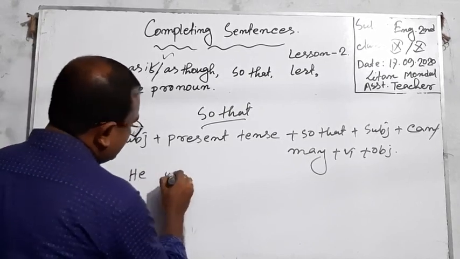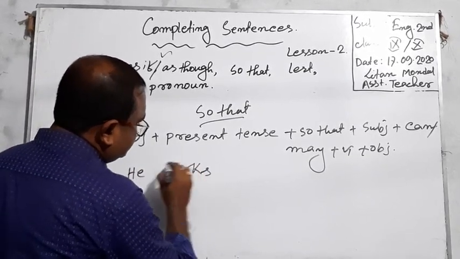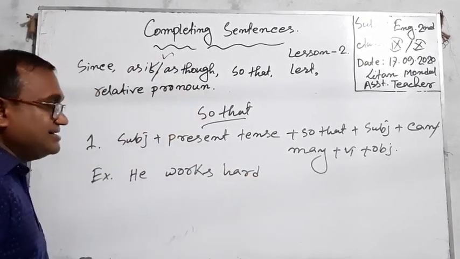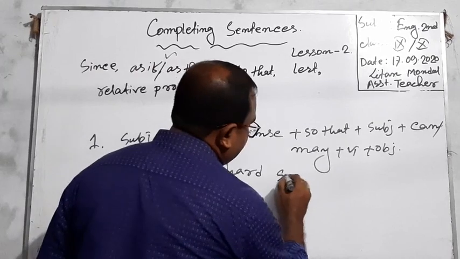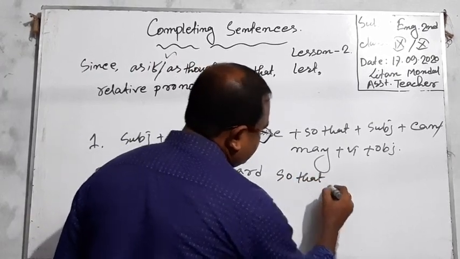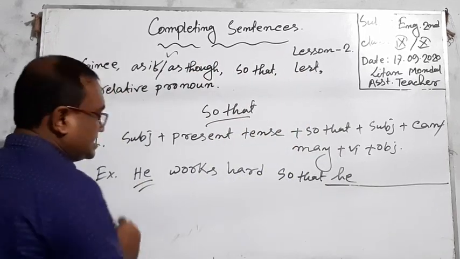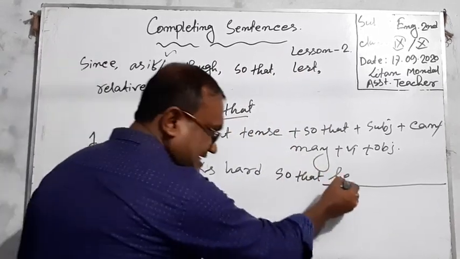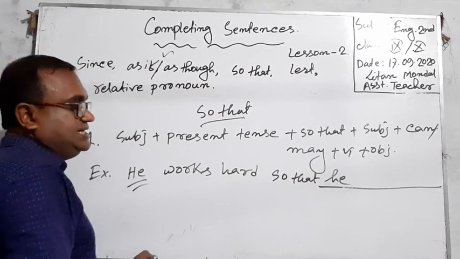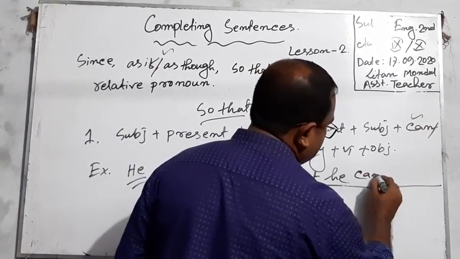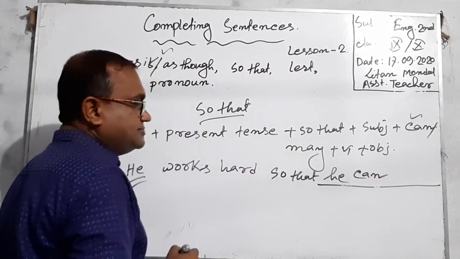He works hard. He works hard so that, yes, the first clause is started with the help of he. So in the second clause I have also used he. Then I have to take a modal and I have taken here can.